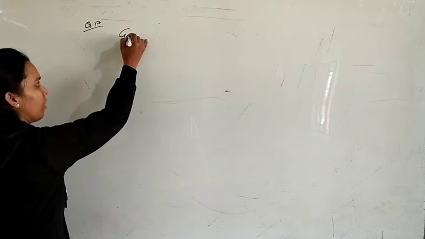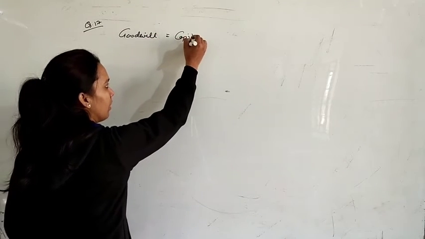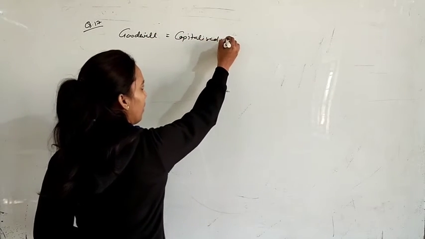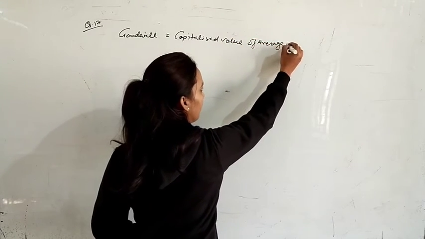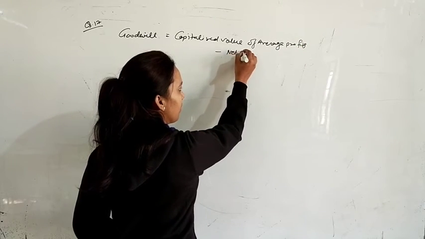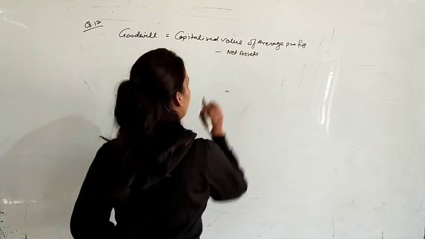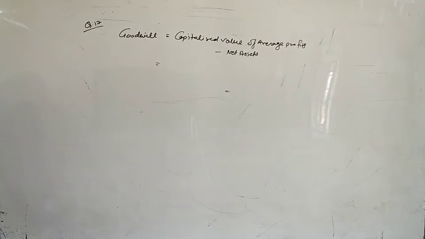So first of all, write down goodwill equals capitalized value of average profits minus net assets. Capitalized value we have to find, and net assets also we have to find.